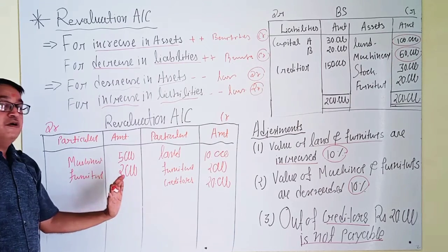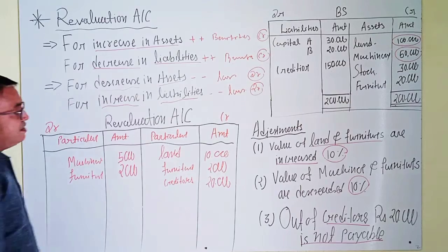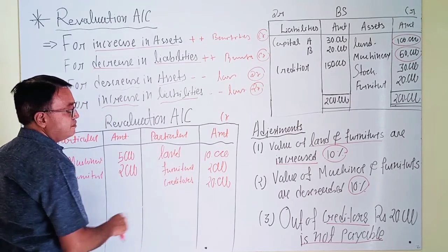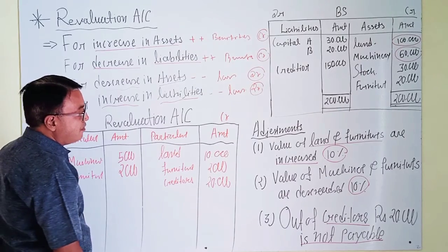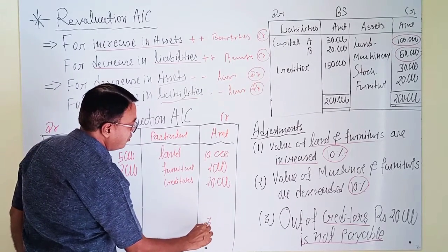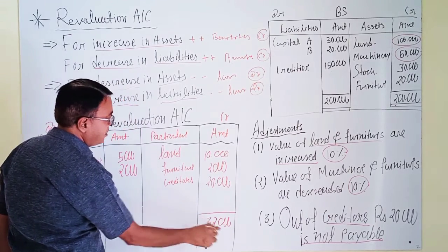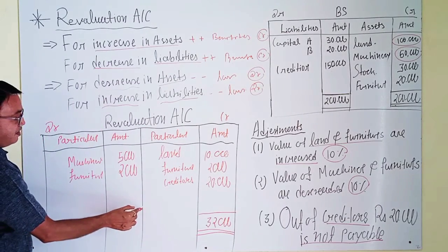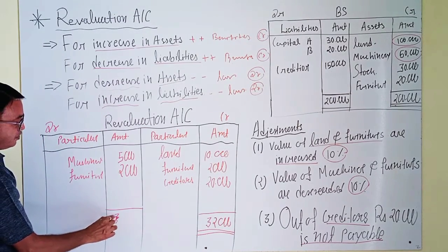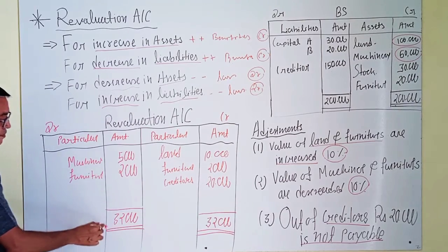Now we will calculate how much profit or loss. On the credit side you can see here 10,000, 20,000 and 2,000. Total amount is 32,000. Here is the bigger amount, 32,000, and similarly here is 32,000. Okay.